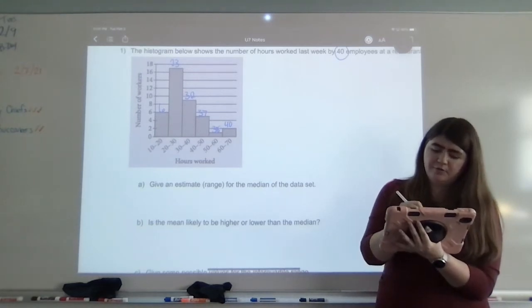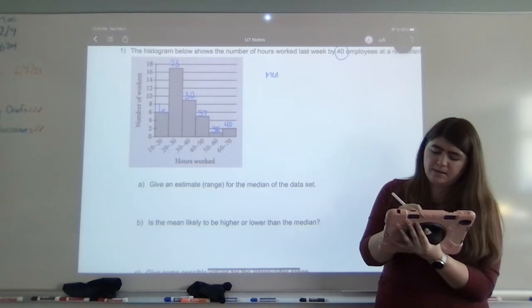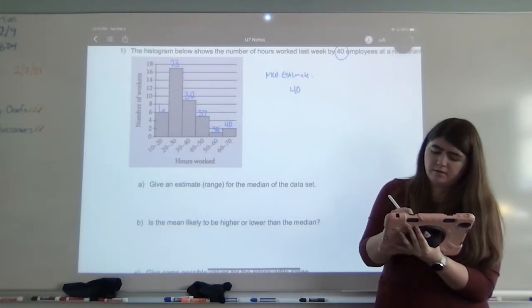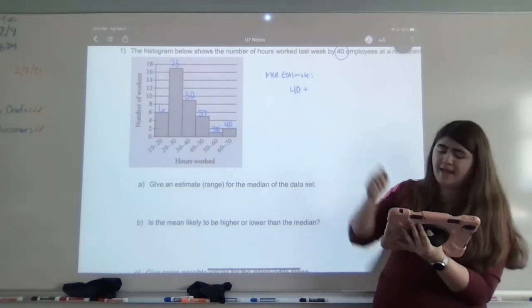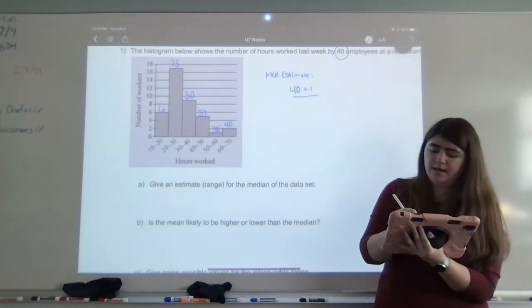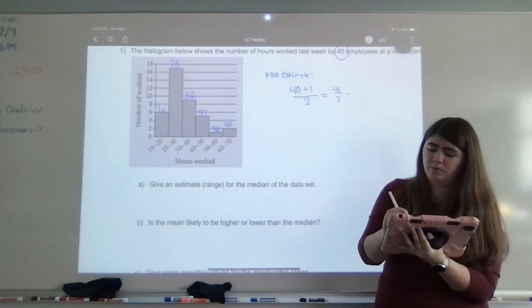So if I do 40 for the median estimate, I'm going to take my total number of 40, I'm going to add 1, and then I divide that by 2. And that gives me 41 divided by 2, which is equal to 20.5.